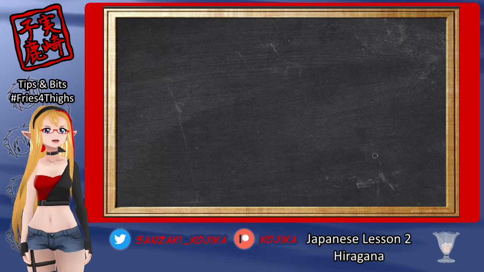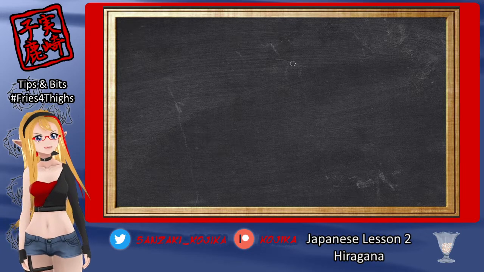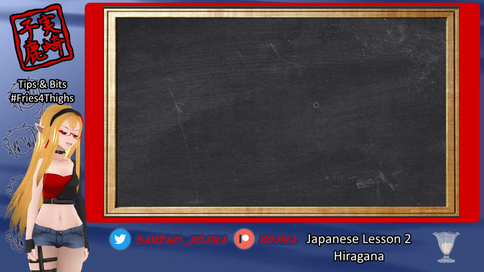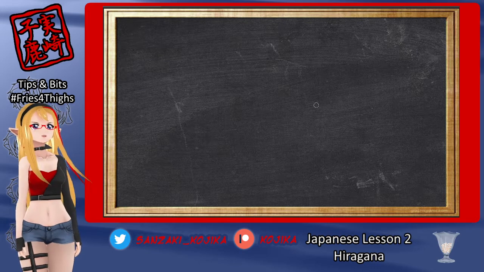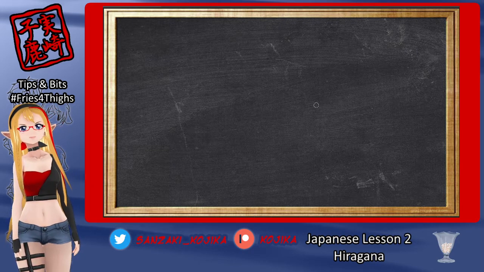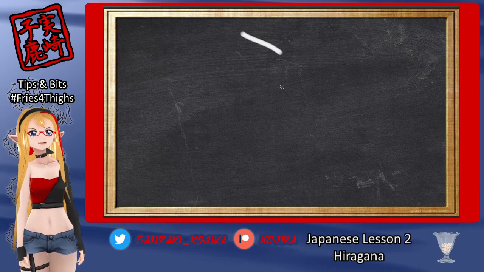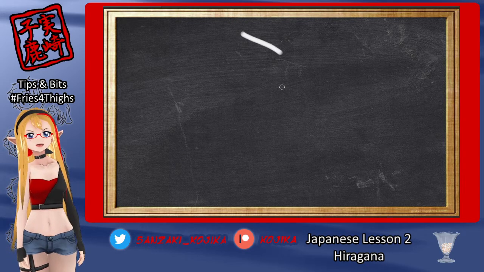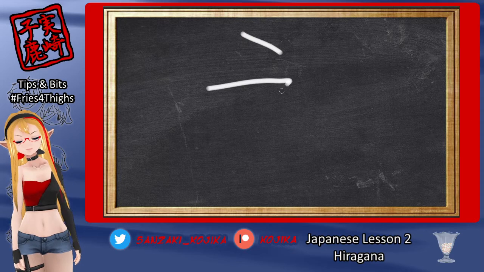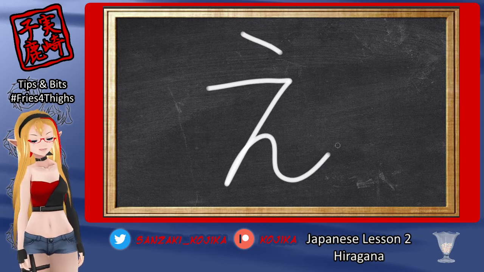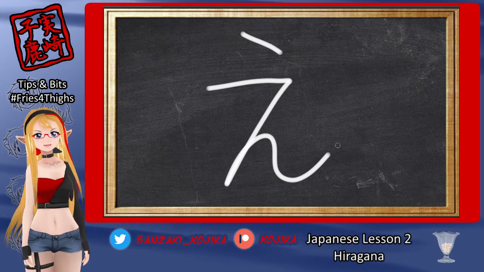Okay, next we're gonna go with E, which is the actual letter E. So once again, we start with the top. One. So this one is gonna be a little complicated because the next part of it is all one stroke. Yeah, that's all one stroke. You don't lift up your pen during that part.